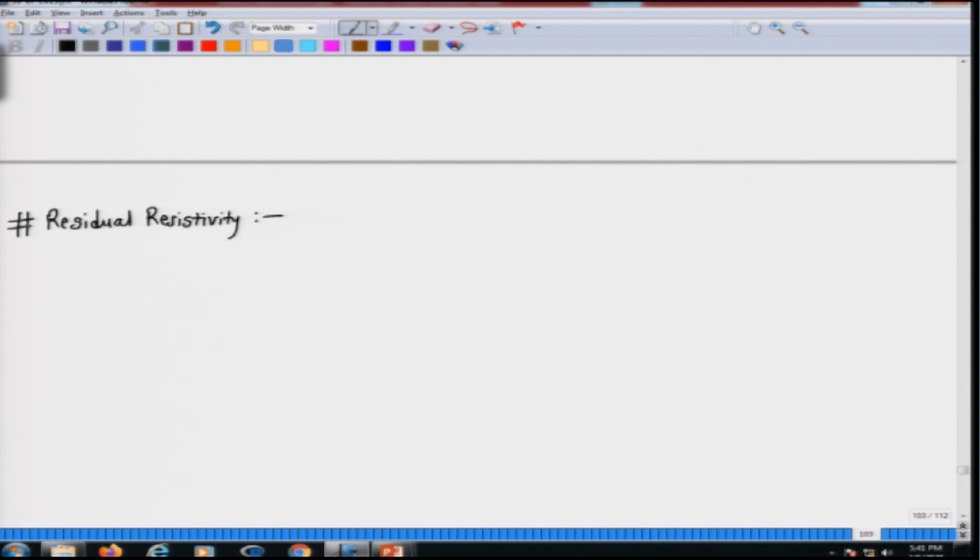As the name suggests, this technique relies upon measuring the resistivity of a sample and relating it to the vacancy concentration. The resistivity of a metal has different contributions.